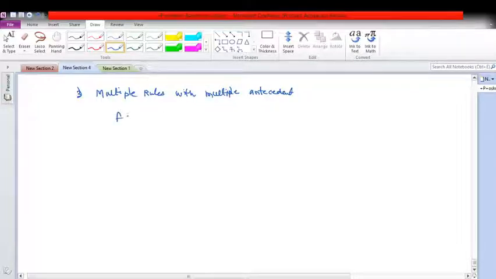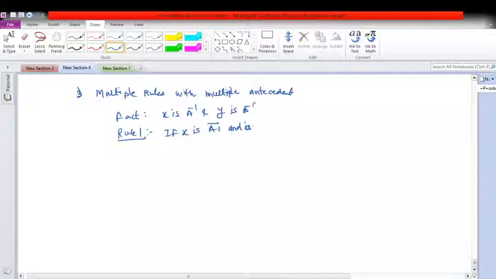So suppose the fact is x is a bar dash and y is b bar dash. Okay, rule 1 says that if x is a1 bar and y is b1 bar, then z is c1 bar.